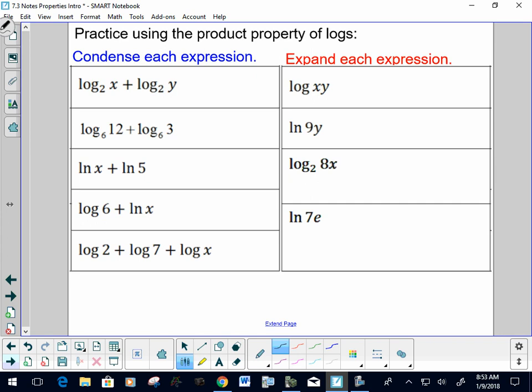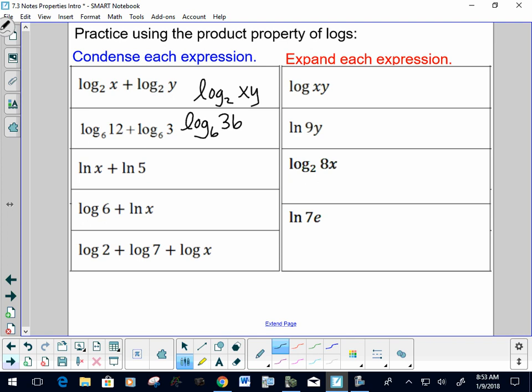If I have the log base 2 of x and I'm adding the log base 2 of y, that's exactly the same as log base 2 of xy. Anytime we have two logs being added together, it's the log of the product. So log base 6 of 12 plus log base 6 of 3 becomes log base 6 of 36.